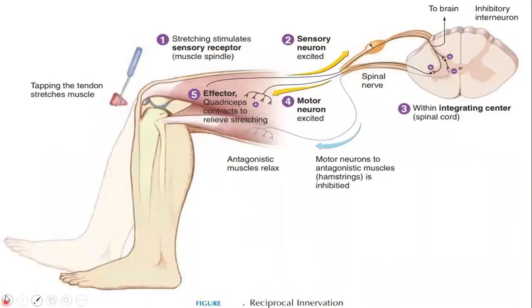Whereas when we come to this one, the reciprocal inhibition, we say simply that the flexor reflex is contracted and the extensor muscle is inhibited or relaxed.